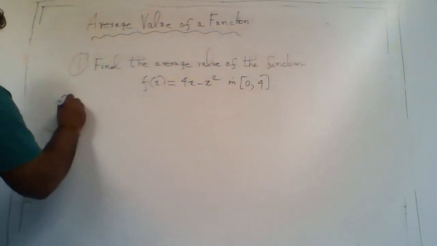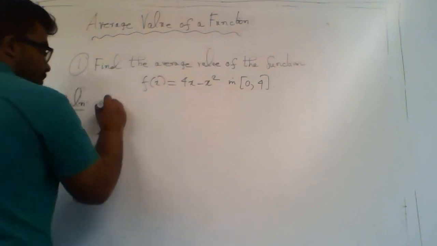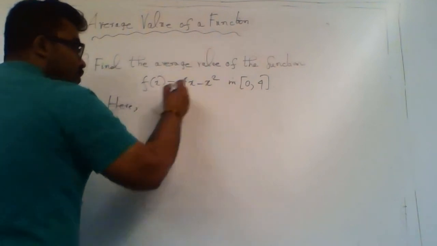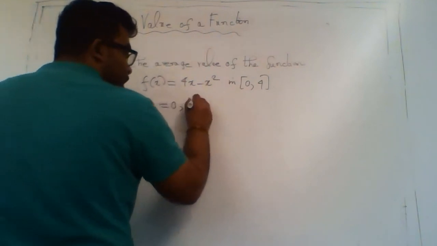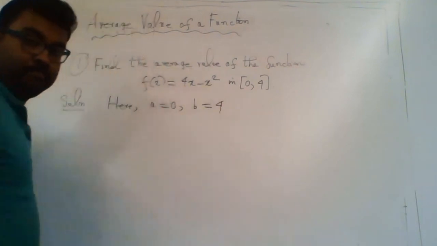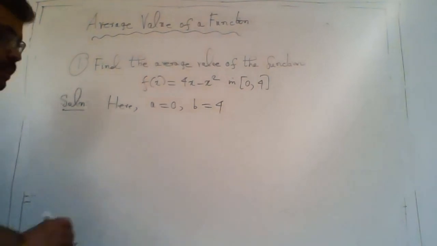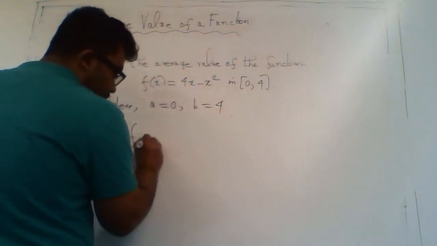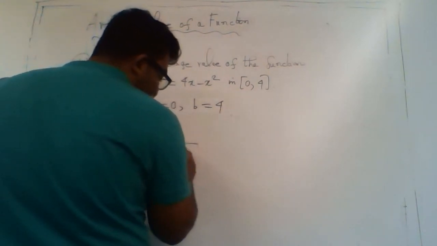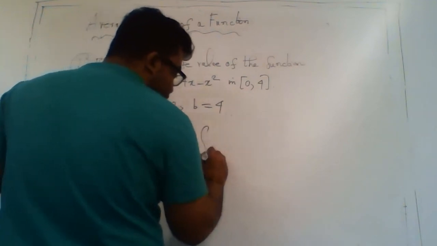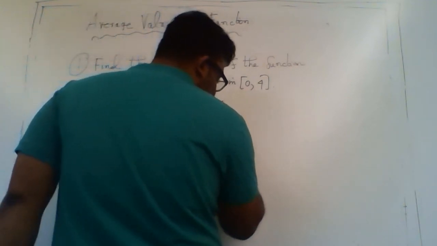Solution. Since the domain is [0, 4], here a is 0 and b is 4. So we can directly use the average value formula. f_ave equals 1 by (b minus a) times the integral from a to b of f(x) dx.